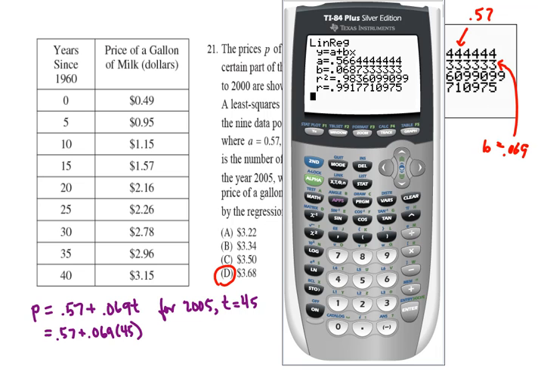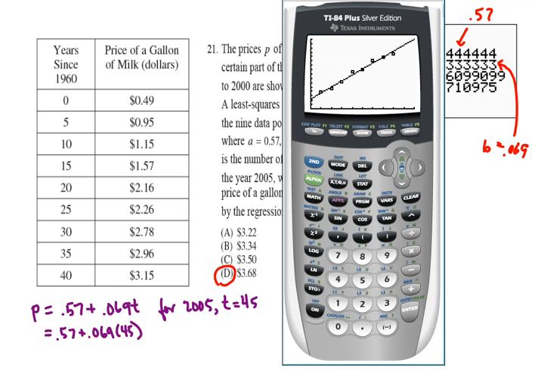If I go back to graph my function, you will not only see the data points that I put out there, but you'll also see the line of best fit. Since we are looking for the value in 2005, which would have been 45 years after 1960, we can go to Second, Calc, look for value, and put in x, which is representing t here, equal to 45.